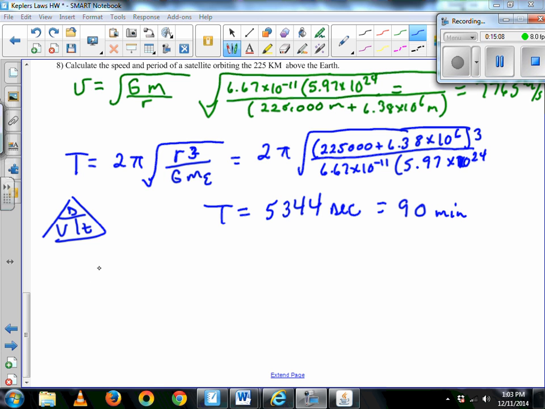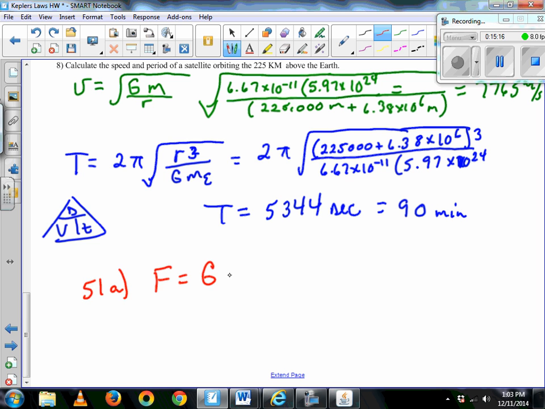And if you want to do 51, let me show you a quick way to do that formula for 51A. Remember how F equals big G times M1 times M2 all over D squared? Well, 51A asks you to find the acceleration due to gravity. Well, if you remember, force of gravity is the same thing as mass times gravity.